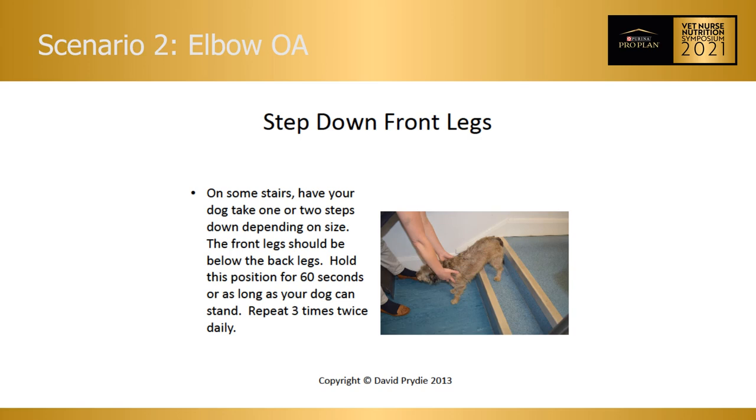So this will encourage weight shift to the forelegs, and this hopefully will encourage them to weight bear more on the front legs. And then this will also in turn encourage some strengthening in those forelegs as well. As these patients get stronger and can weight bear better on these forelegs, we can continue to challenge them by increasing the repetitions that we do of this exercise and also the frequency of which we do this exercise per day.